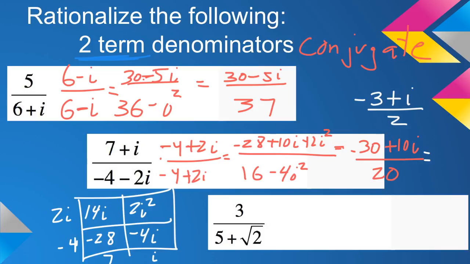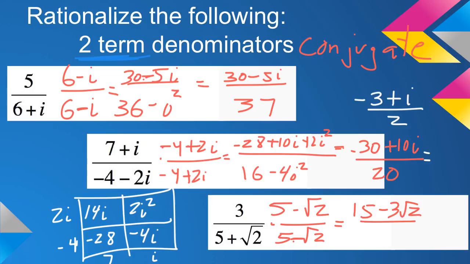And then for the last example, you have 5 plus the square root of 2. So it's not an i problem, but you still will use the conjugate, multiplying by 5 minus the square root of 2 to get rid of that square root in the bottom, which we don't want to have. You have to do that on top as well. So you have 5 minus square root of 2 there. As you distribute, you end up with 15 minus 3 square root of 2 all over 5 times 5, which is 25 minus 2.